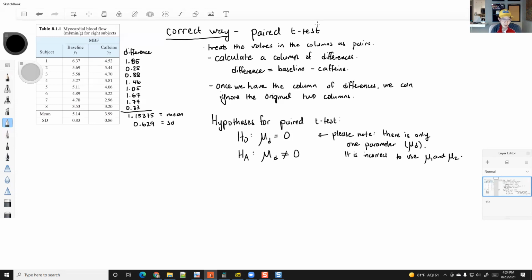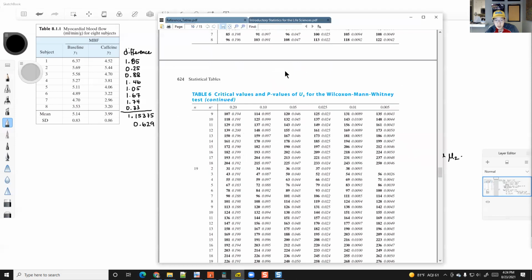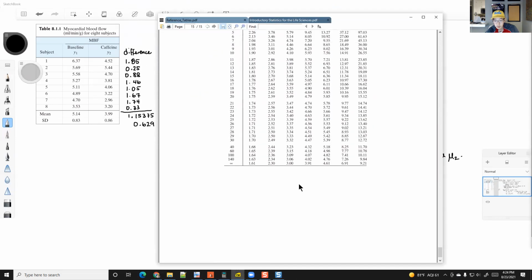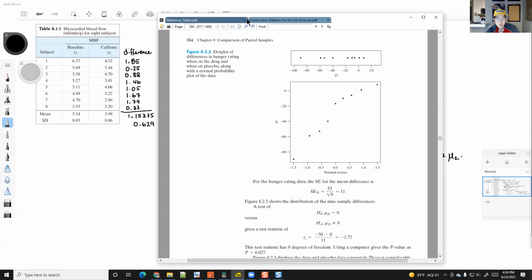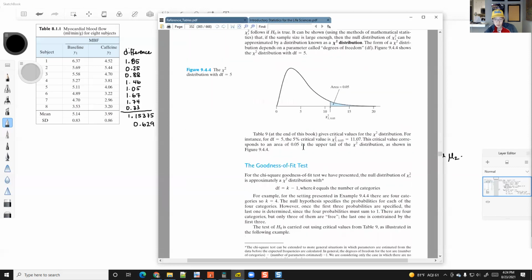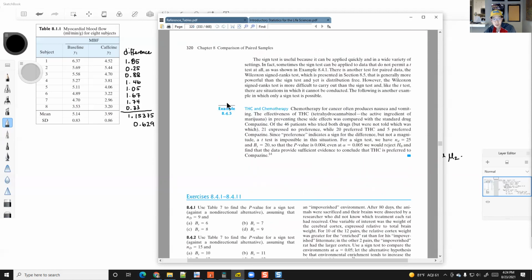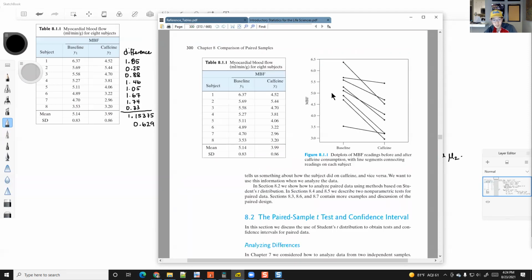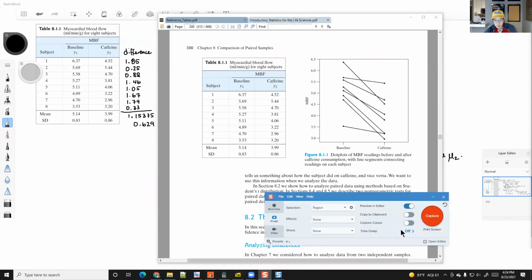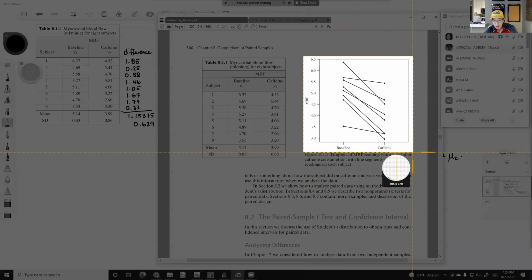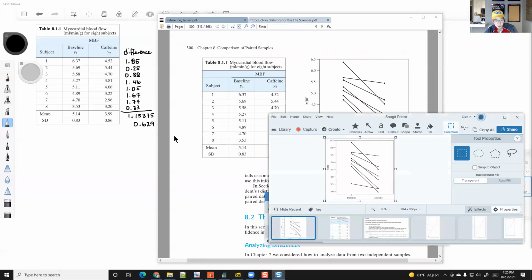caffeine measurement. Okay, and we can see that for all, especially if there's also a plot of this. Here's a plot, and we can look at every individual.